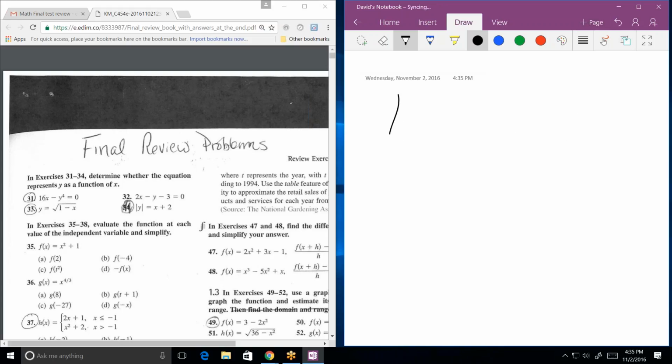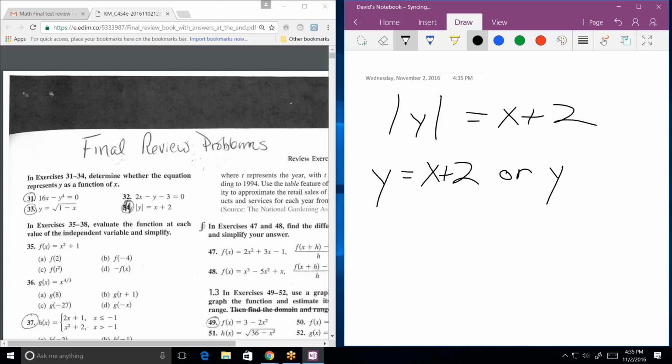34, on the other hand, when I have absolute value of y equals x plus 2, that means two different things. What does it mean? Either y equals or what? I have no clue. Well, it equals the positive. In other words, the first part of that or is always exactly what you're looking at without the absolute value sign.